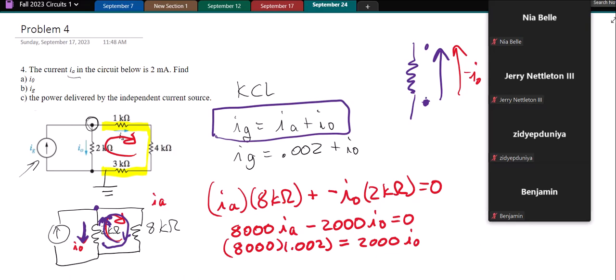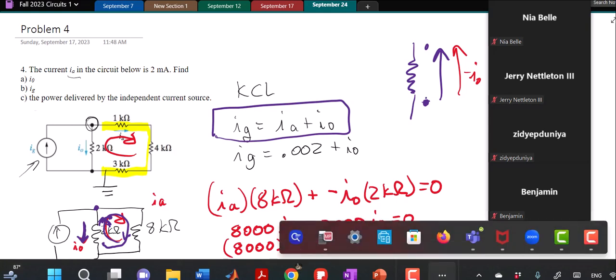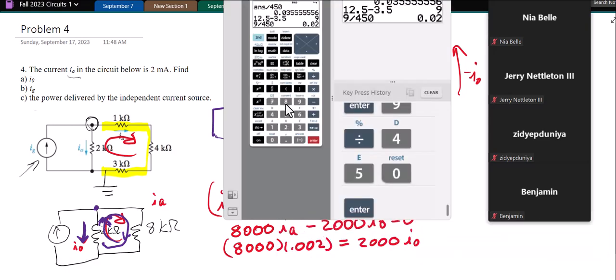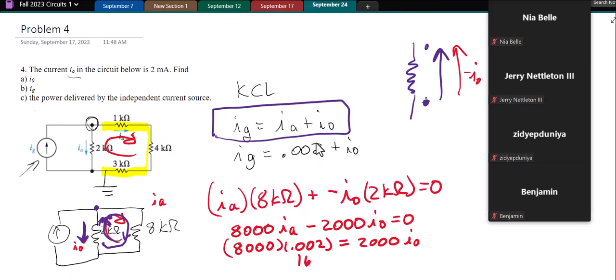And 8,000 times 0.002 is that 1.6 or is that 16? There's too many zeros. It's 16. 16 equals 2000 I0.